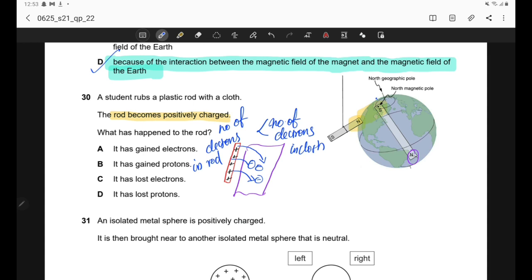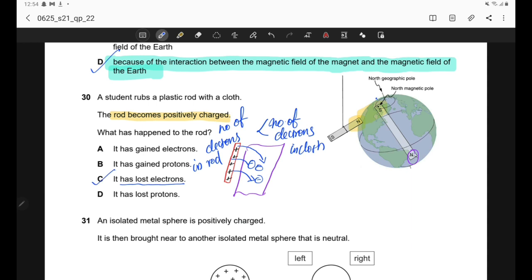Initially in the rod the number of positive charges and negative charges were equal, so it was a neutral object with no charge, but once it loses electrons it will become a positively charged object. So this is what happens. The rod is losing some of its electrons to the cloth. So here the rod has lost electrons. The correct answer is option C.